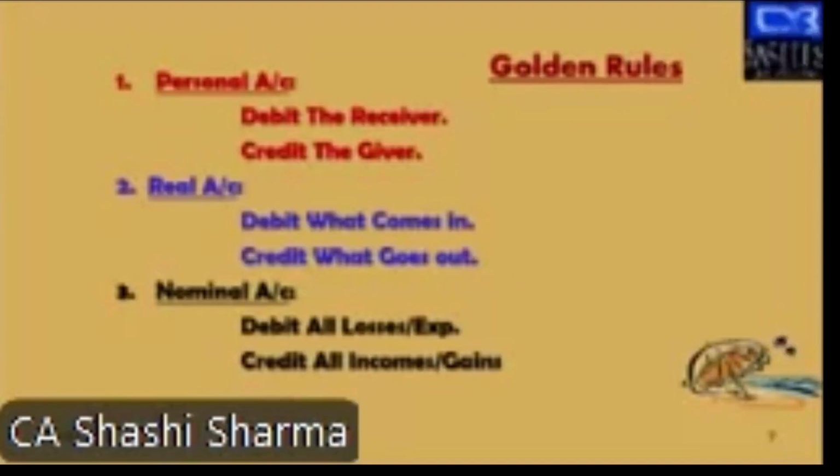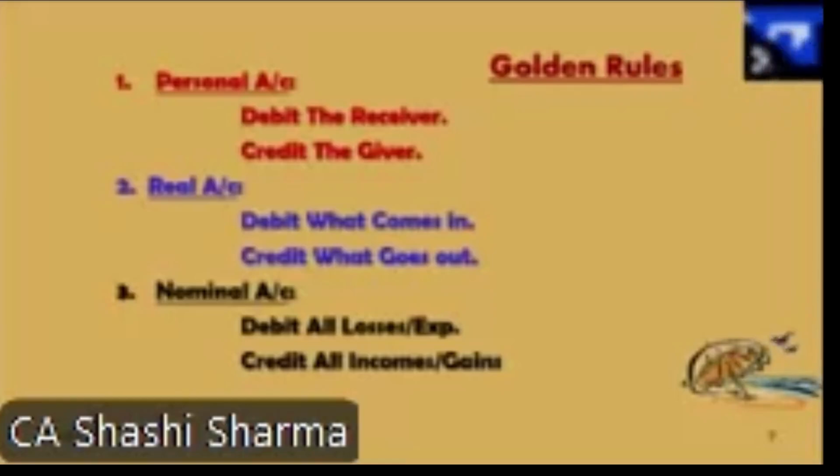Suppose you are paying cash to your servant, to the manager in your business. It will be known as salary. And since you are paying salary, it is a loss for you, or we can say expense. Then salary account will be debited.